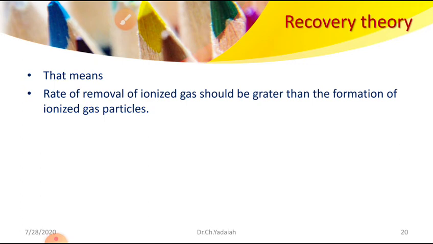If the rate of formation of ionized particles is less compared to the deionized particles we are injecting, then automatically the arc will be quenched. That means whatever ionized particles are there, we have to remove them, then we have to allow fresh particles, so that the system will work properly.